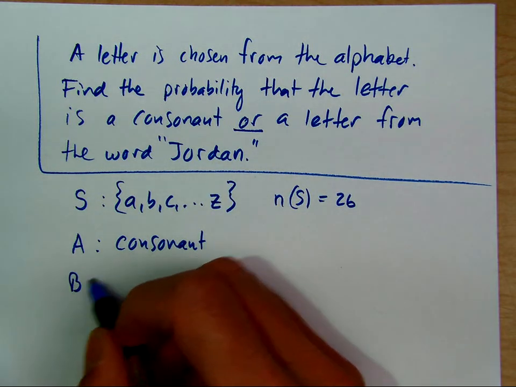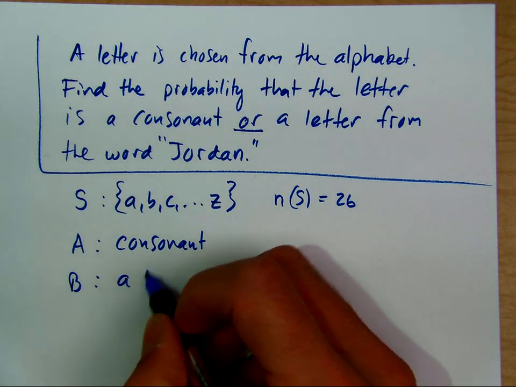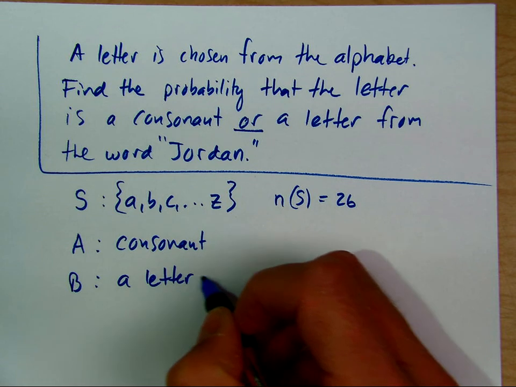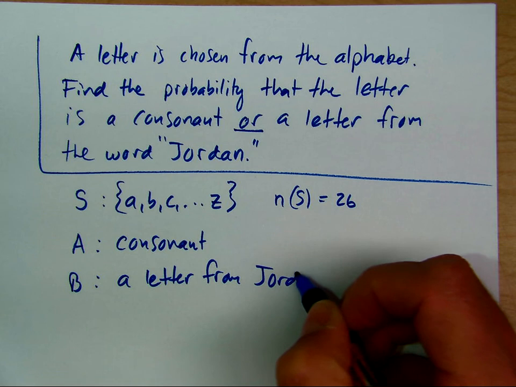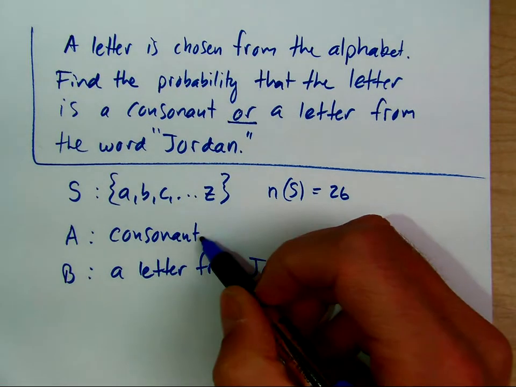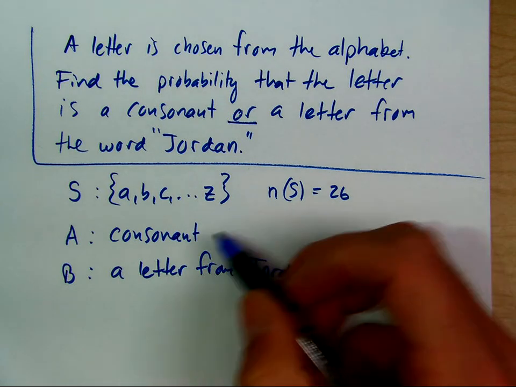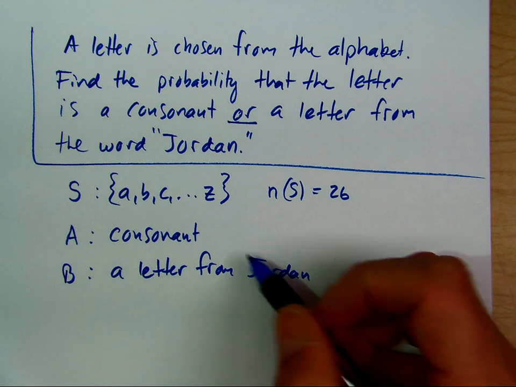So event B will be a letter from Jordan. All right, so consonant, all the non-vowels, and we won't count Y as a vowel. Y will be a consonant.